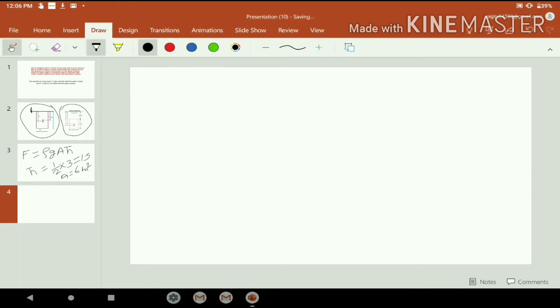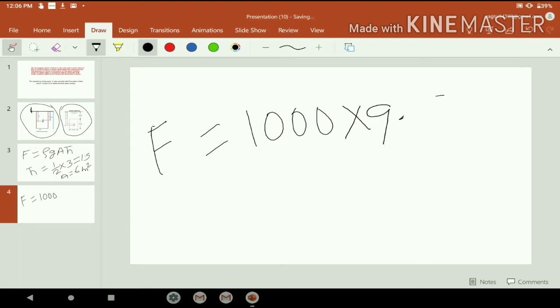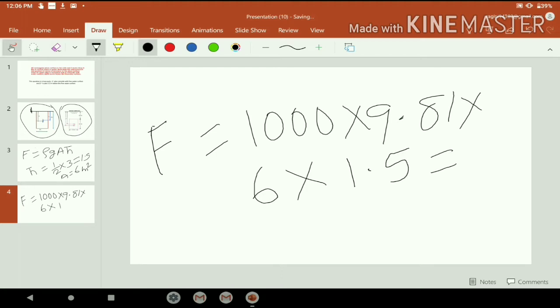Now F equals rho, which is 1000 for water, and 9.81 is G, and then area is 6 meter square, and H bar is 1.5.